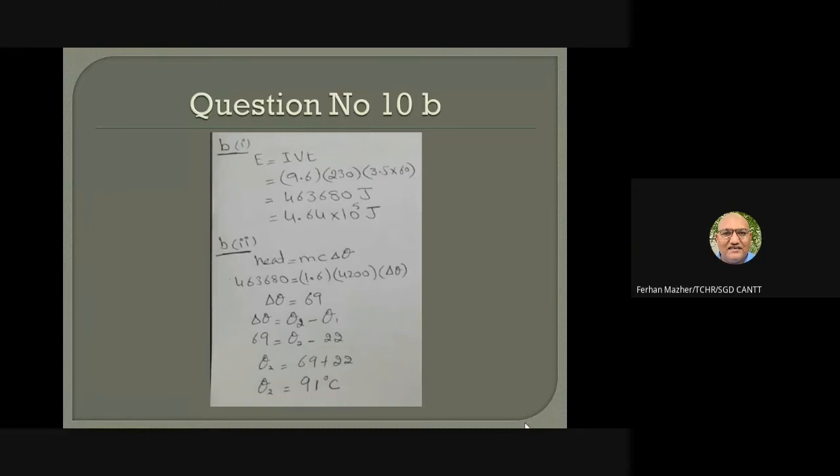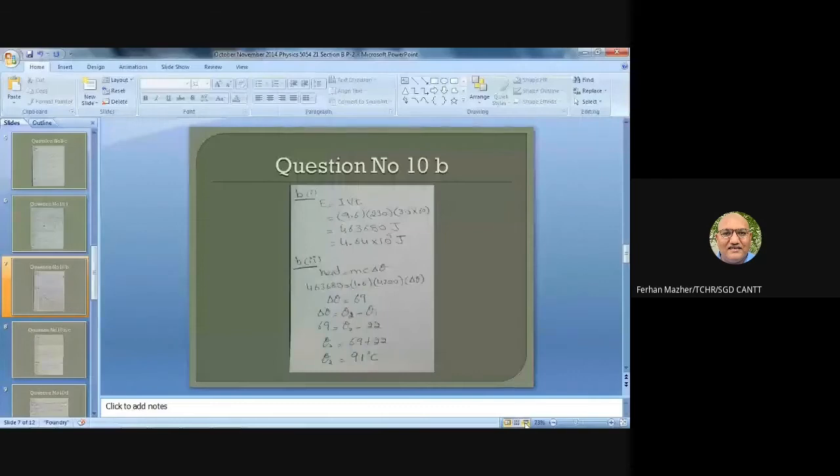That will be 69 plus 22 and the answer will be 91 degrees centigrade. So after you have provided this much heat to the water, the final temperature of the water after heating will be 91 degrees centigrade. I hope that you have understood this.